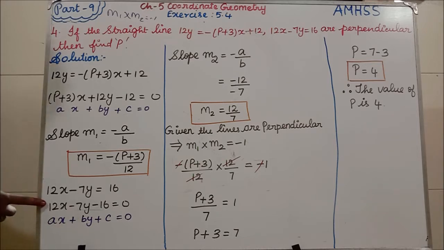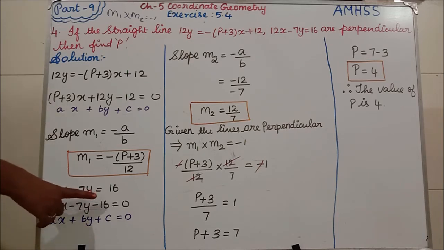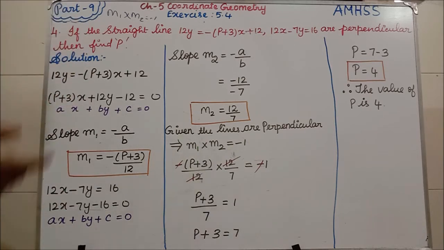A is 12, B is minus 7, C is minus 16. Again, the slope formula is minus a by b. A is 12, b is minus 7, so the minus will get cancelled. We get m2 is equal to 12 by 7.